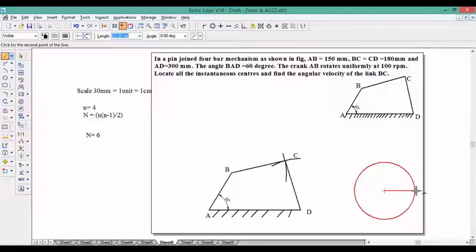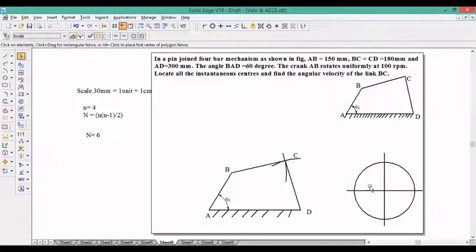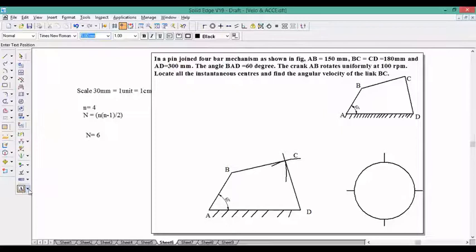You can make use of a compass. So divide the circle into 4 equal parts and number the divisions clockwise. That is, this is 1, this is 2, 3, and 4.